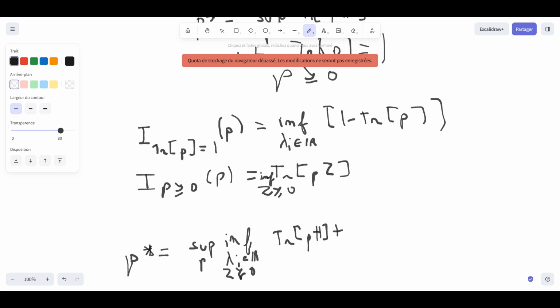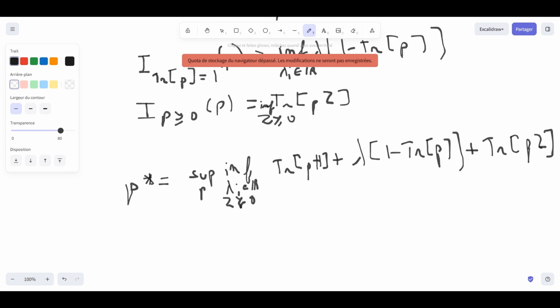And I wonder if I must add the constraints into it, but I think it's okay to just write it like this: plus lambda times 1 minus trace of P, plus trace of PZ.